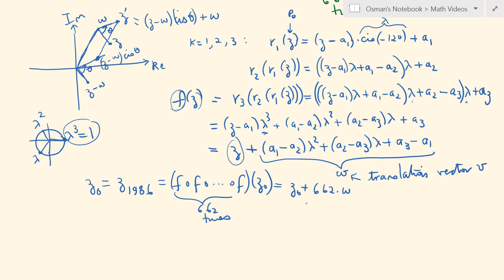And as I said earlier, this guy is equal to z sub 0, so therefore this guy is equal to 0, implying that omega, the translation vector itself, is 0 as claimed earlier.